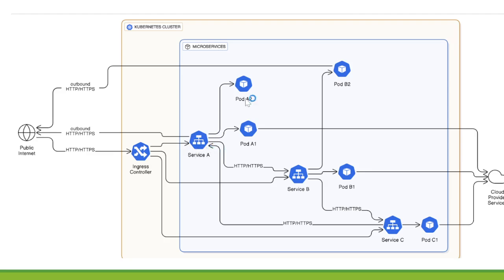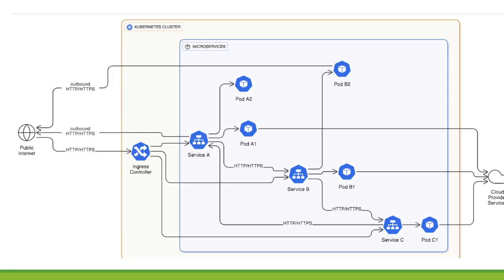The service is accessible via pod 1, pod 2. Internally, this service is also calling service B. So there are internal calls also, because in a microservice architecture not everything is exposed to the outer world. There are a few services that are private services for inner calls, so one inner service can call another inner service.